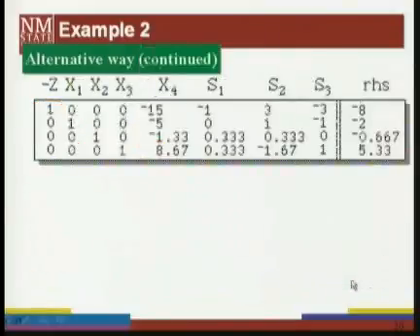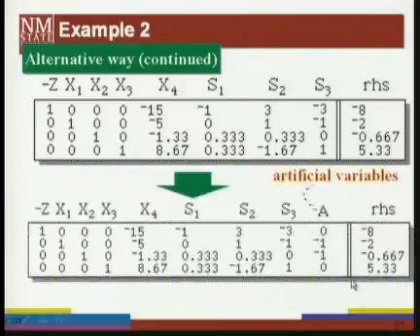And then subtract the artificial variable in rows number 2 and number 3. Then we will come up with this table.